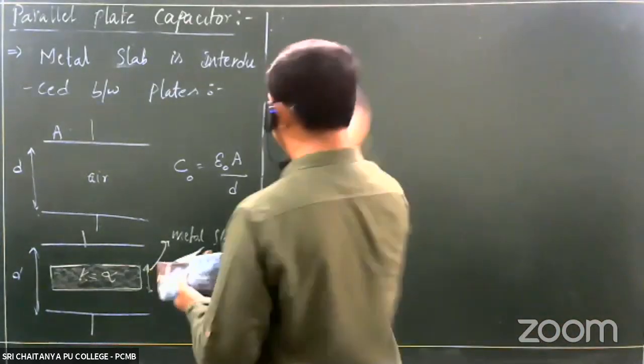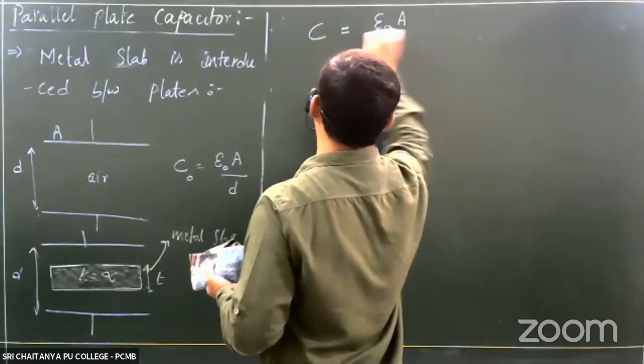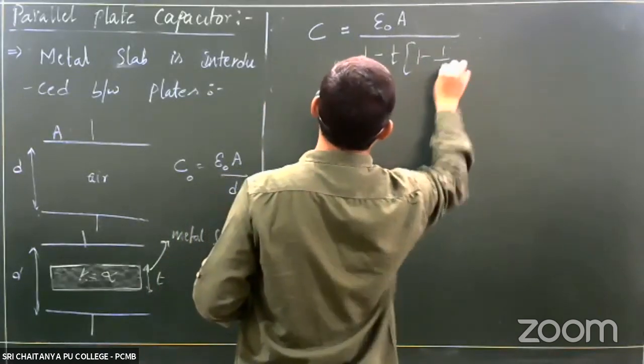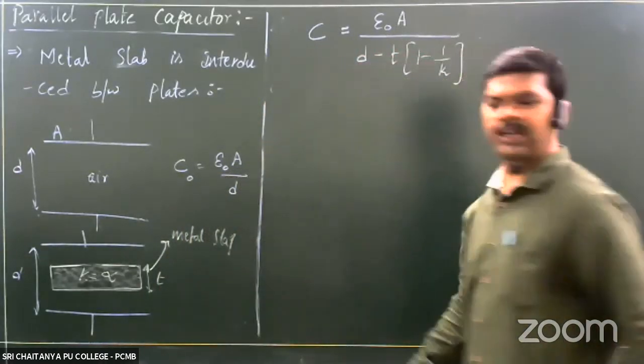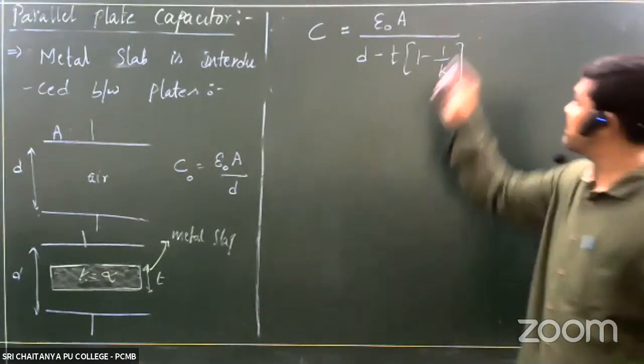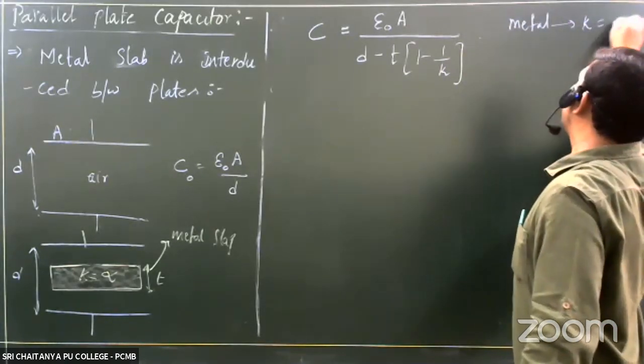See here, the new capacity is epsilon naught A by D minus T into 1 minus 1 by K. Is it not the formula when a dielectric slab is partially introduced? In this particular case, for metal, K is equal to infinity.